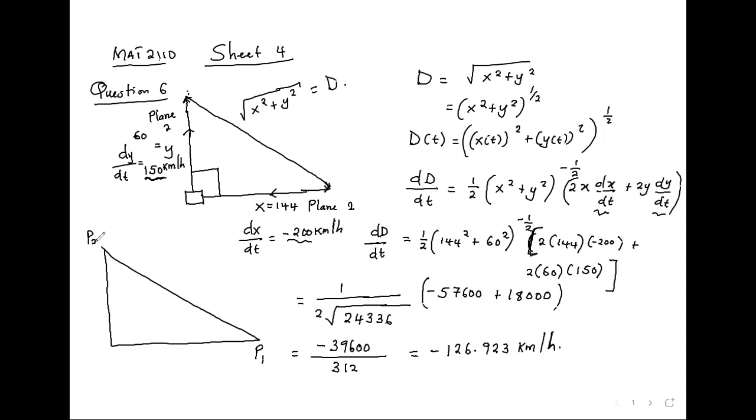At the moment the study is being carried out, we are told that this distance where this plane is from the airport, the distance is 144, which we have called x, the distance from the airport to plane 1. The distance from the airport to plane 2, which we have called y, is 60.